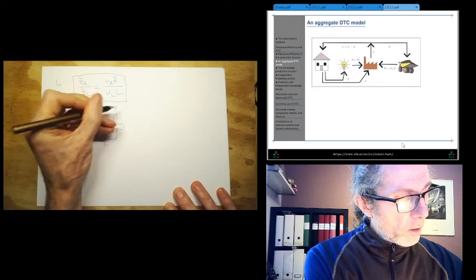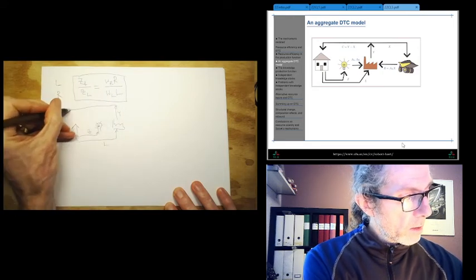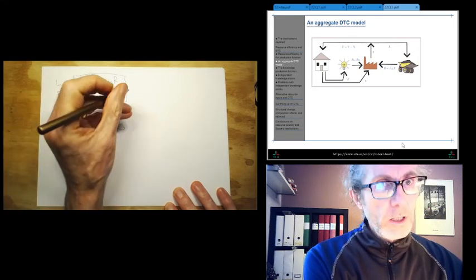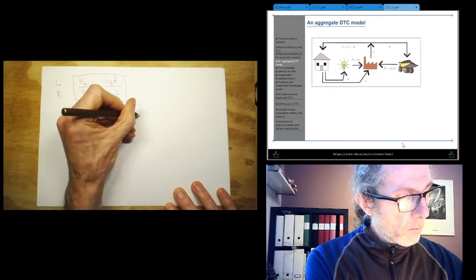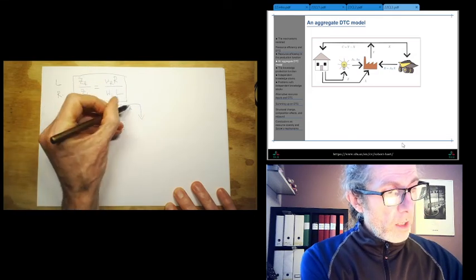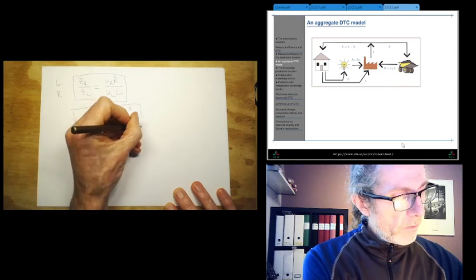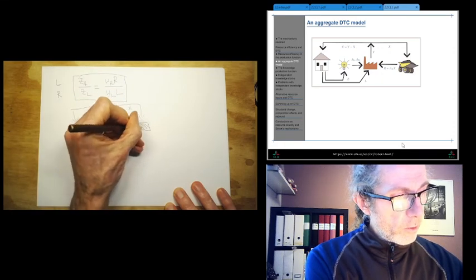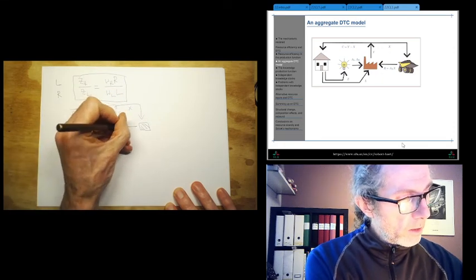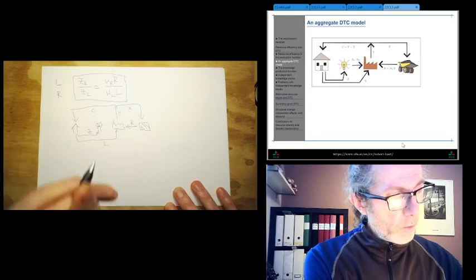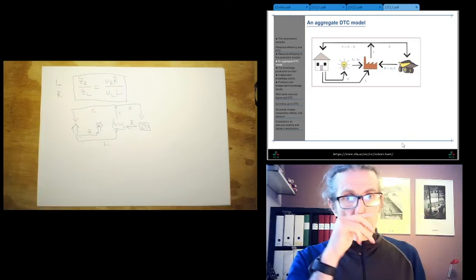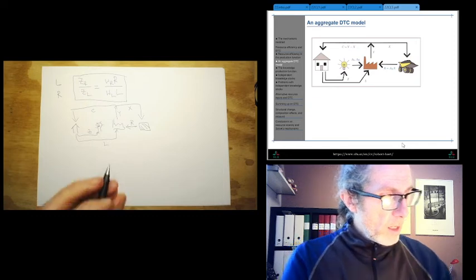And then we've got production, consumption, intermediate inputs into the energy sector, which I'll just draw like this, or the resource sector, and we've got the resource input.